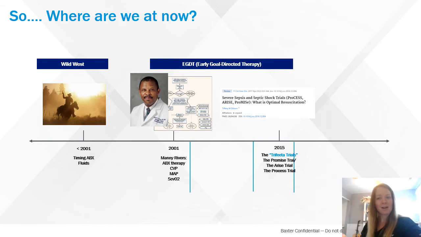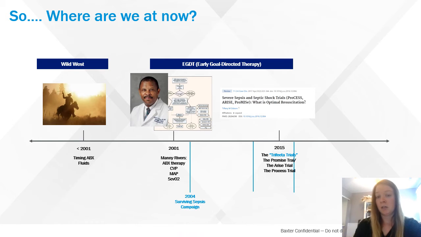So where are we at now with passive leg raise and dynamic measures? Again, 2001, we were all about Wild West, cowboys, go get 'em, do whatever you want at the bedside. And then Manny Rivers changed some things around, talking about early goal-directed therapy when it came to hemodynamics and antibiotics.